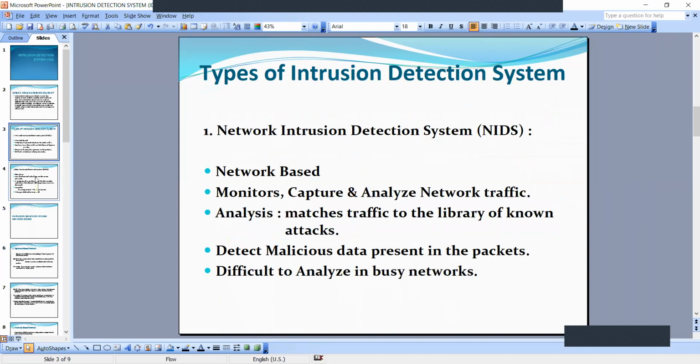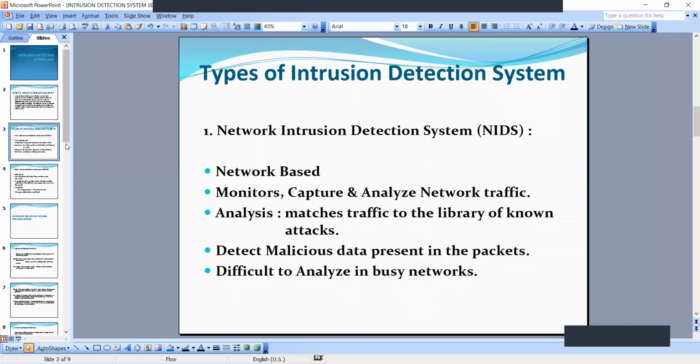So what are the types of intrusion detection system? There are two main types, and the first one is the network intrusion detection system, or the NIDS. This type of intrusion detection system is network based. It monitors, captures and analyzes your network traffic.